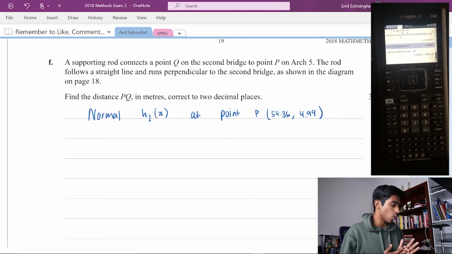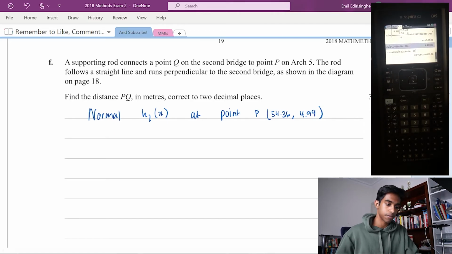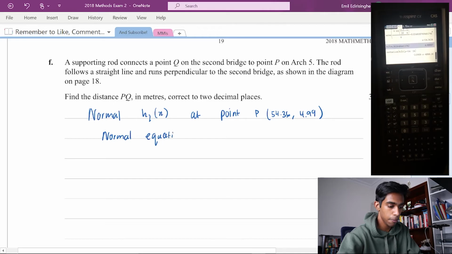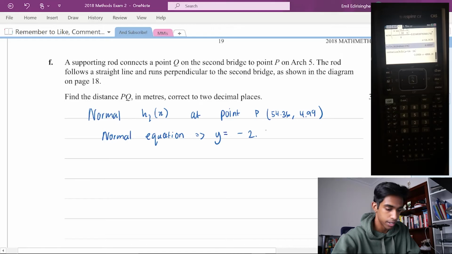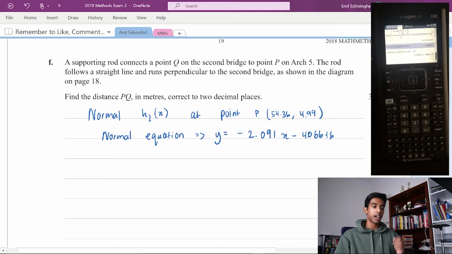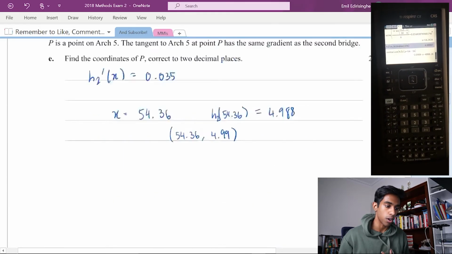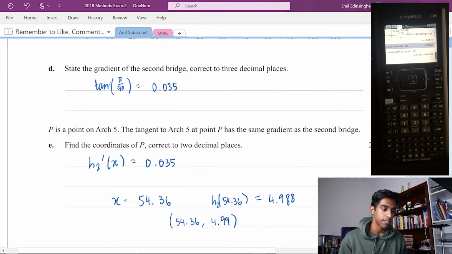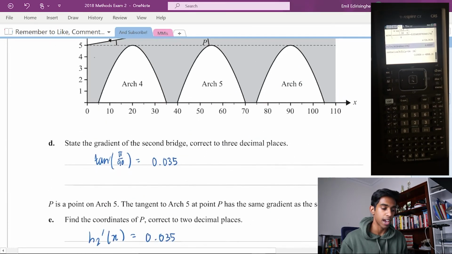So now we've got the equation of this line. So we've got normal equation is y equals negative 2.091x minus 4066.16. And now we're looking to find the equation of the second bridge as well. So we have the gradient of the second bridge and we have the y-intercept.